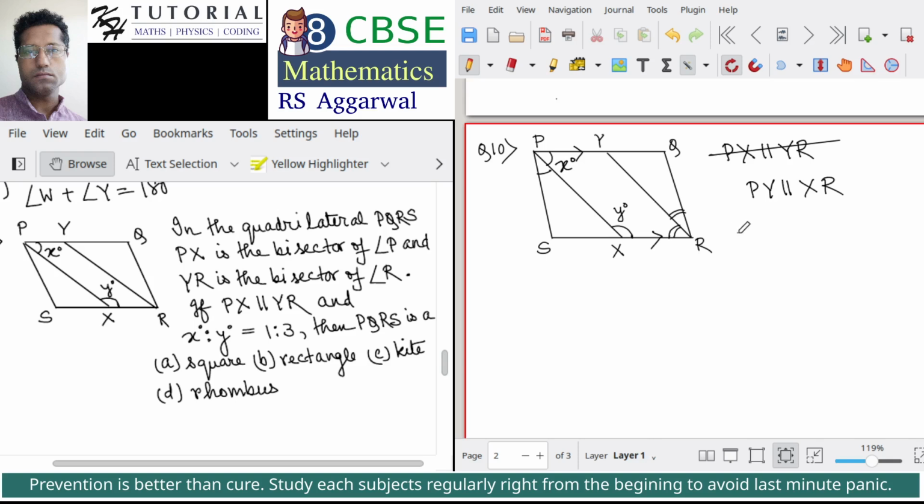Okay, so let's say PY is parallel to XR. Now, what can we have? How do we know what kind of quadrilateral PQRS is? So, PY is parallel to XR, and we have PX as a transversal.